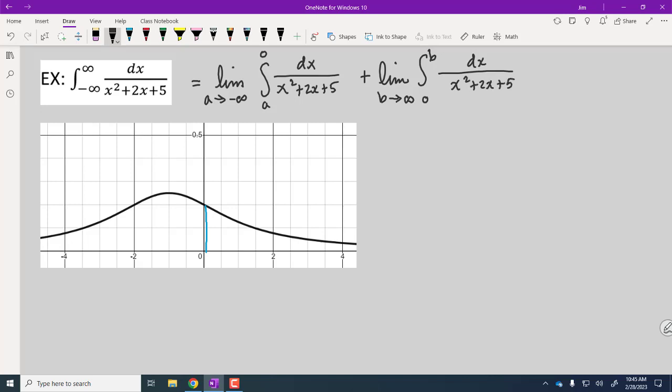So that's our breakup. So we're thinking about a over here, so we're going a to 0, and then we're also going 0 to b. So we're treating these as two separate intervals. So a to 0, that's a definite integral. 0 to b, that's a definite integral. And then we take the limits.